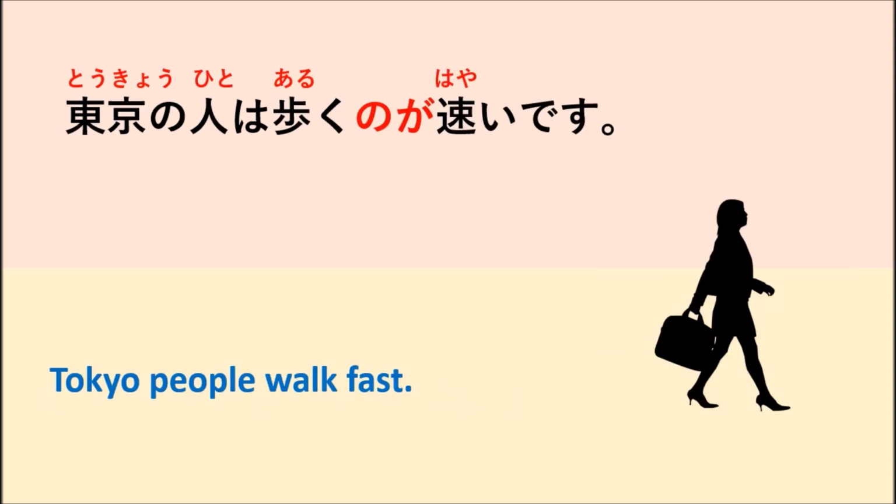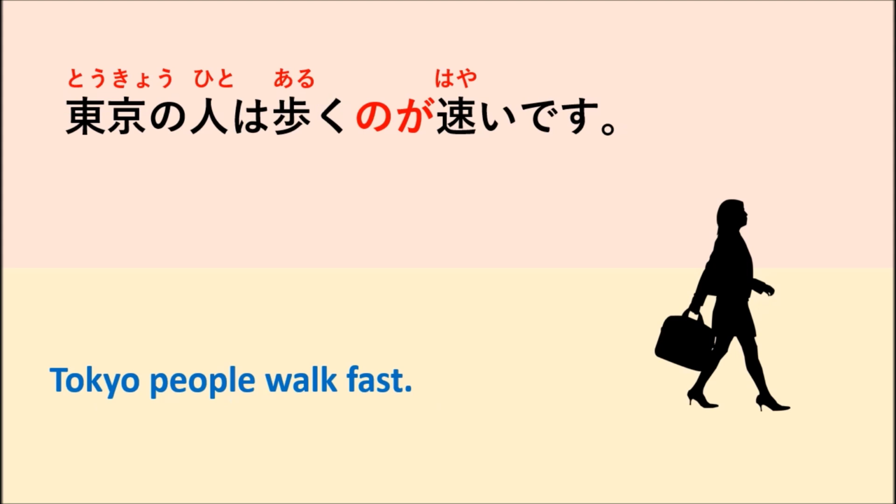And here we also have another sentence about no ga like this. Tokyo no hito wa aruku no ga hayai desu. Which means Tokyo people walk fast. Here we also have the first part of the sentence, Tokyo no hito wa aruku. Right? Aruku means walk.